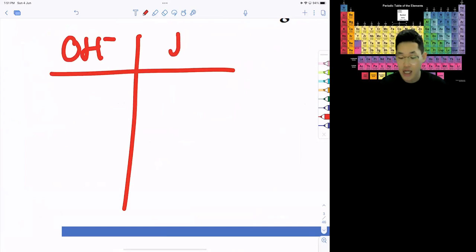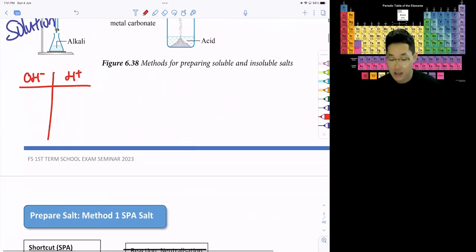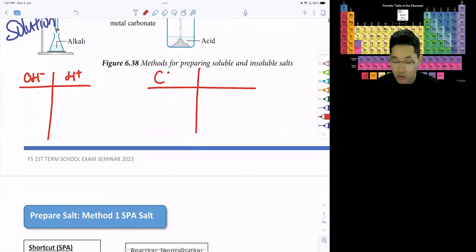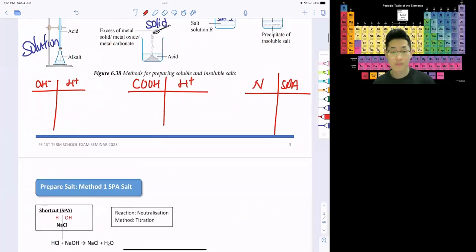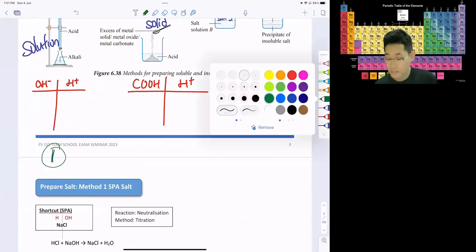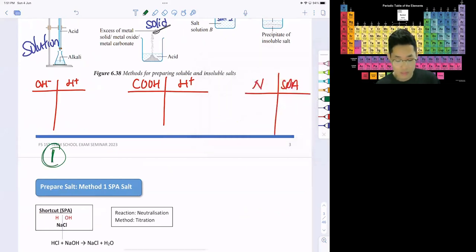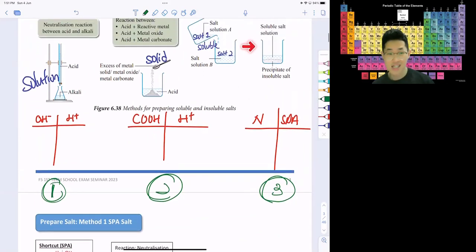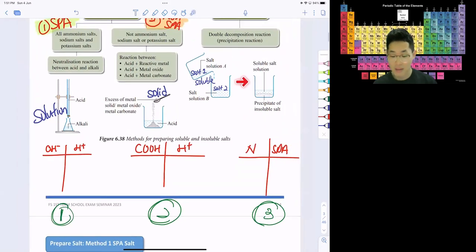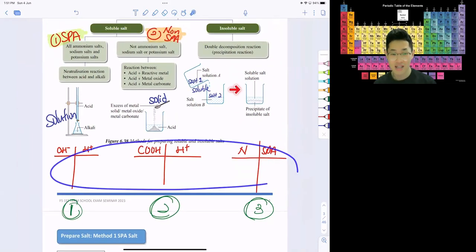The first one is OH, the second one is COOH, and the last one is N-spar. Three different crosses to find the reactant. So remember, cross is for you to find reactant.